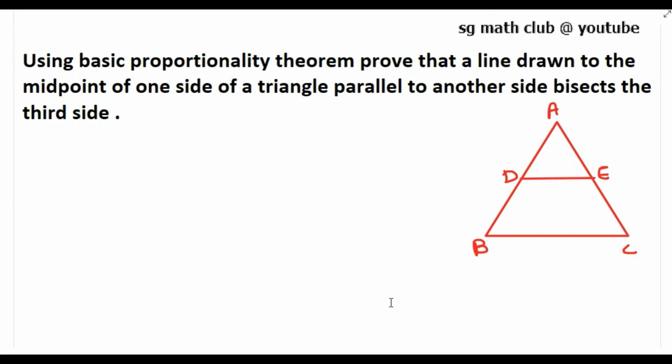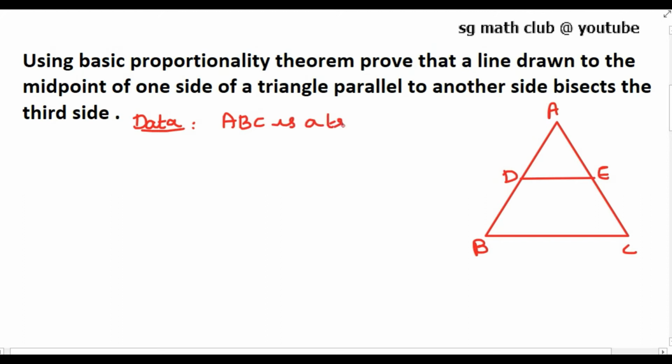Now the next question: using the basic proportionality theorem, prove that a line drawn through the midpoint of one side of a triangle, parallel to another side, bisects the third side. In the data part, take ABC as a triangle, and they have given that DE is parallel to BC.